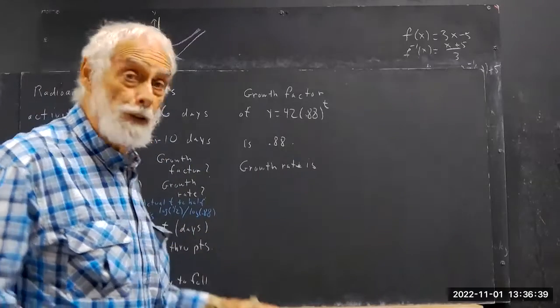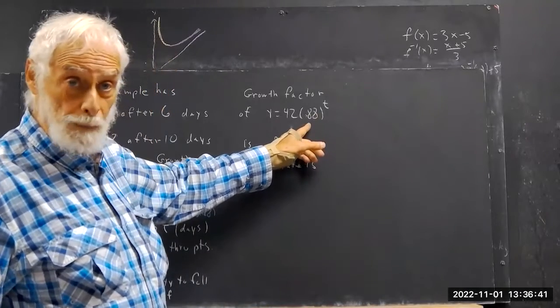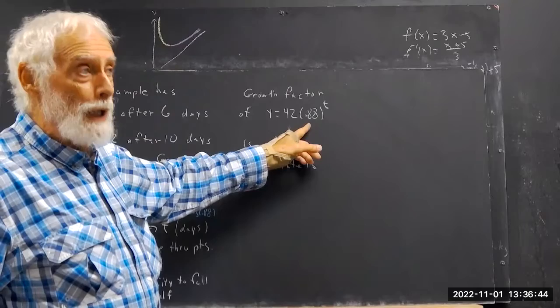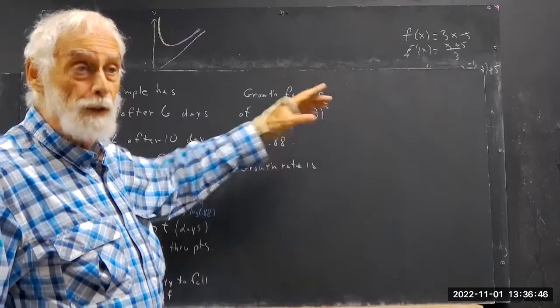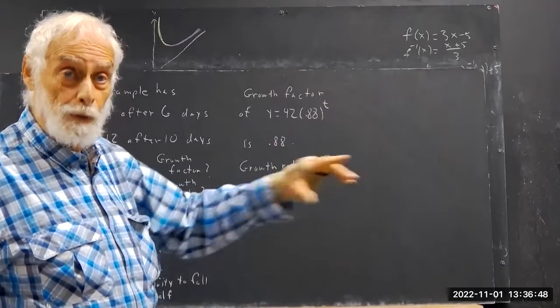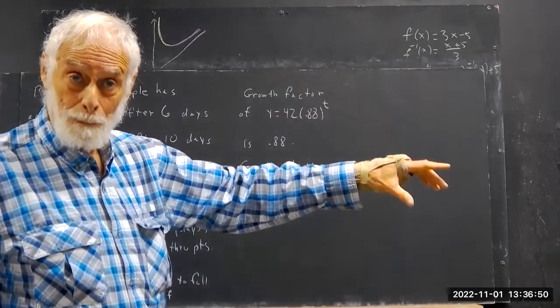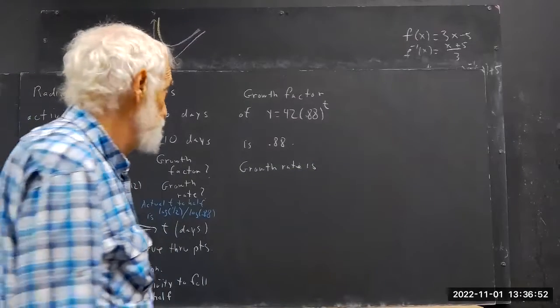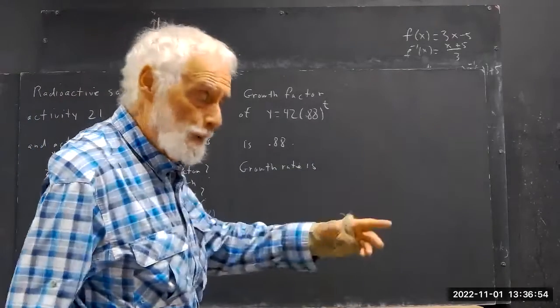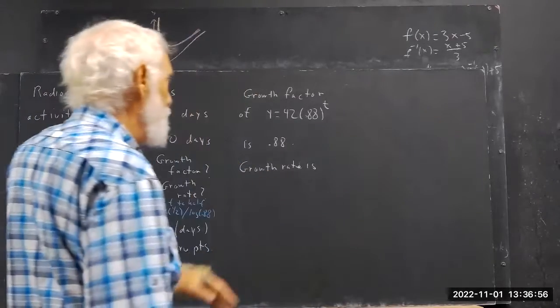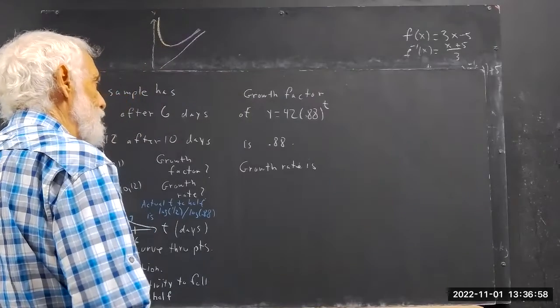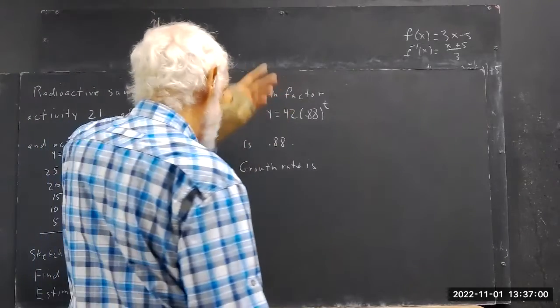In this case, there's a decline because this number is less than 1. And when you take a power of a number less than 1, you get a smaller number every time you increase the power. Okay. You take a positive power, you get a number that's less.